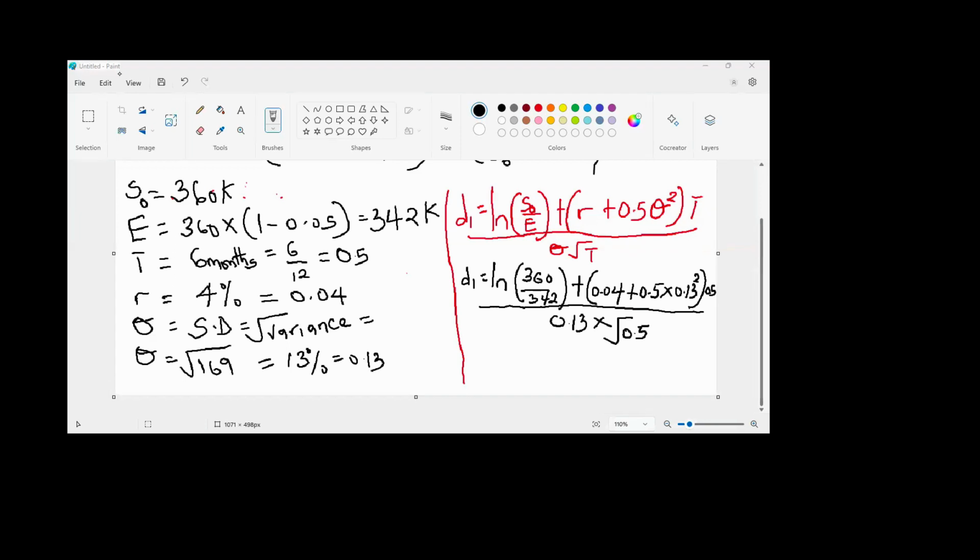You press ln, open a bracket, 360 divided by 342, close the bracket, then plus, open another bracket, 0.04 plus 0.5 multiplied by 0.13 raised to power 2, then close the bracket, multiply by 0.5. Please obtain your answer. What do you have, please?